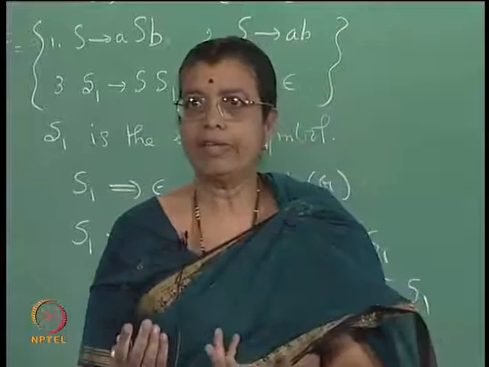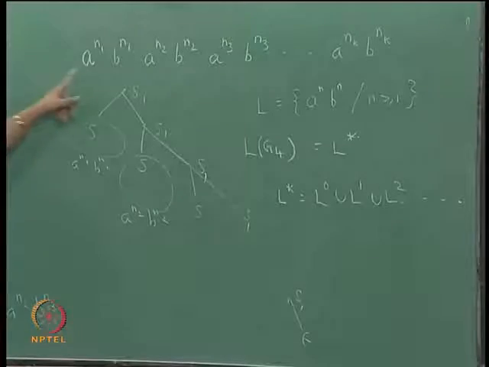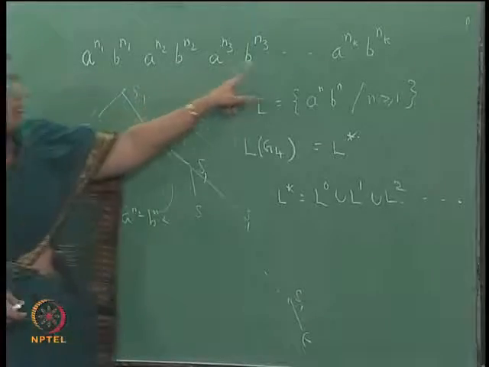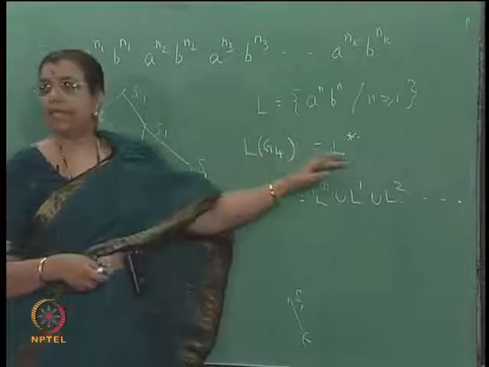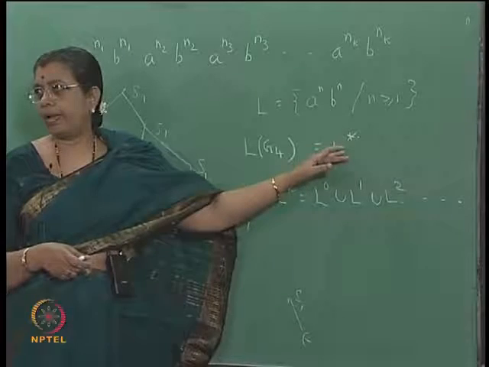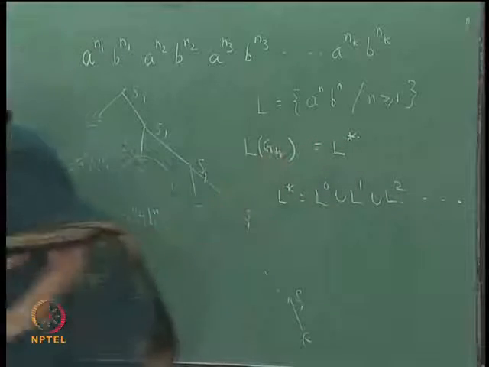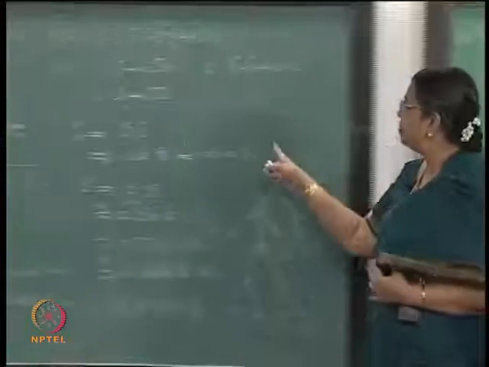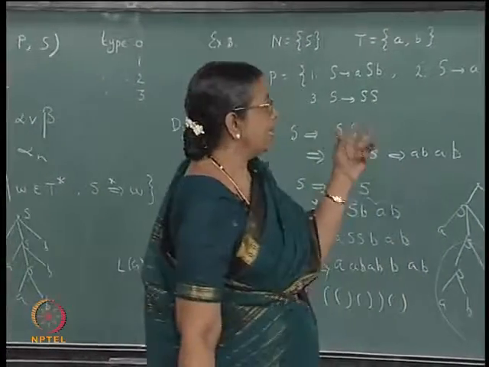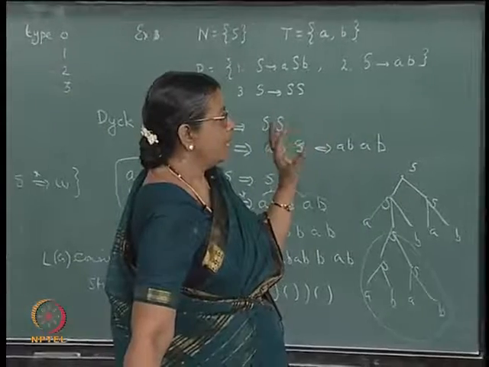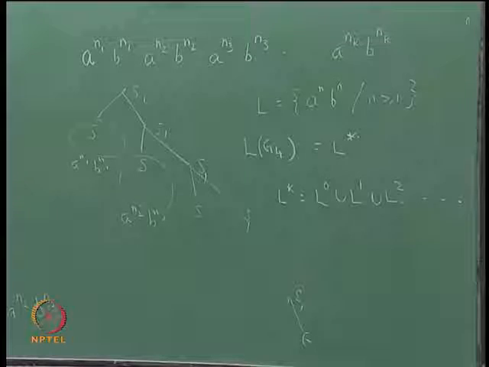Lk will have strings of the form A power n1, B power n1 etc. So, the language generated is L star here. This is not same as this. Here please note that there is nesting. So, there is basically a sort of a difference between this grammar and this grammar.